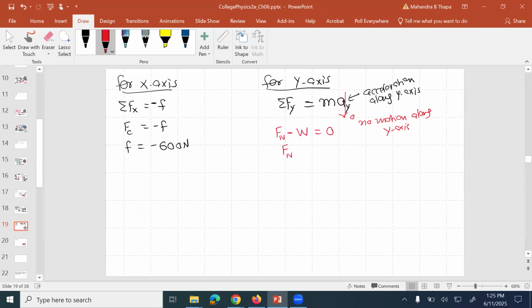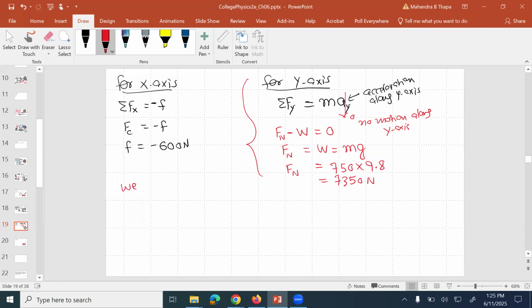So Fn equals W, which equals mass times the value of g. So Fn equals weight, mass 750 times g 9.8, which equals 7350 Newton. So we have to work with the x and y axes separately.